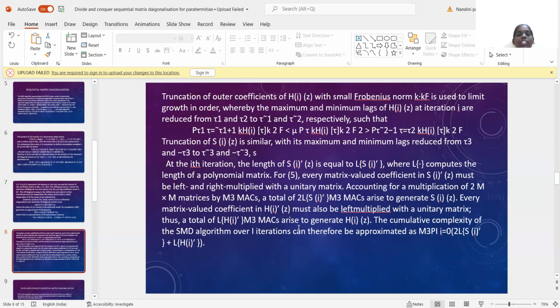Truncation of S(z) is similar, with its maximum and minimum lags reduced.